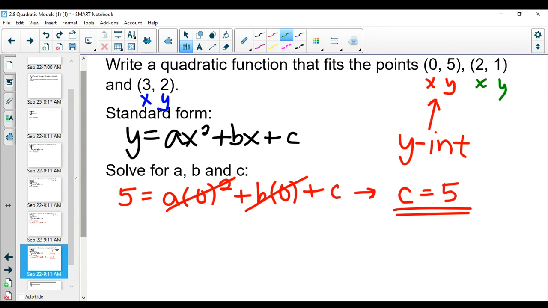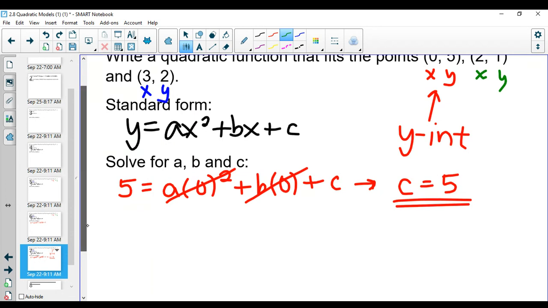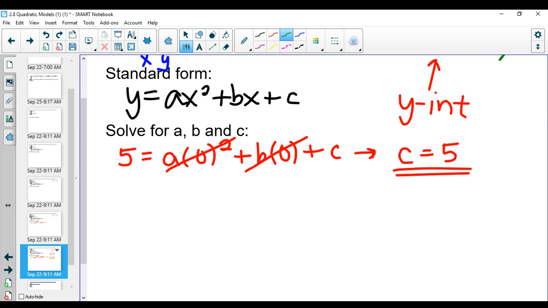So what I'm going to do is set up 2 other equations the same way I did the first one, starting with 2, 1. Everywhere that you see a y, you're going to put 1. Everywhere that you see an x, you're going to put 2. Now, we already know that c is 5, so I'm going to go ahead and put 5 in every time I have a c from now on.